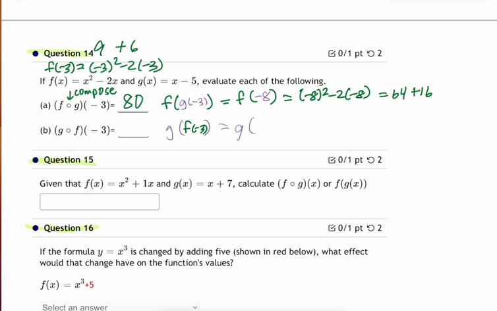So that's really g of 15. Okay, so we get that 15 value first, and then that 15 goes into g. So that's just going to be 15 minus 5, or 10. See the difference? Watch the notation.